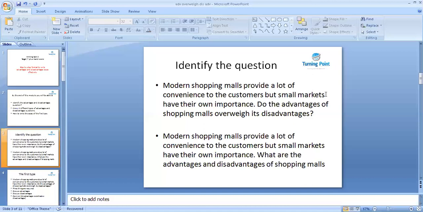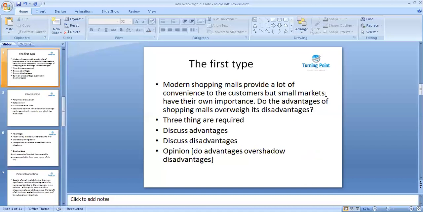So guys, the format of writing both these topics is absolutely different. So first of all, let us see how we can go ahead and do the first type of the essay.